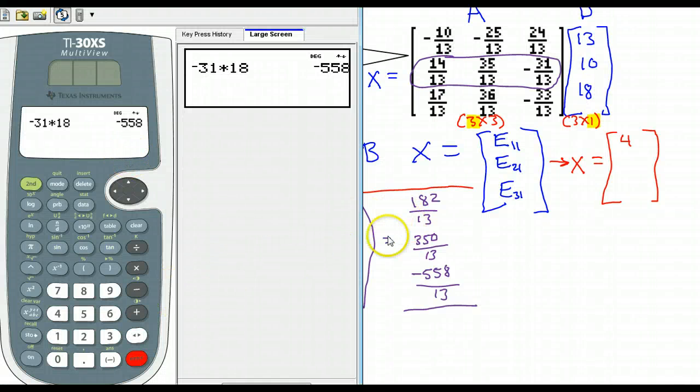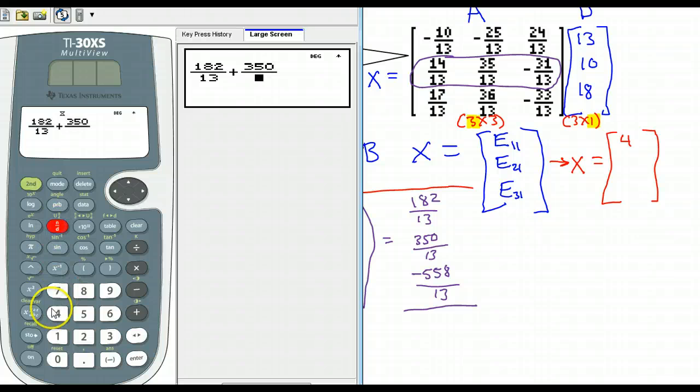Okay, so here we go. 182 over 13. Get out of the denominator. Plus 350 over 13. Get out of the denominator. Plus negative 558 over 13.